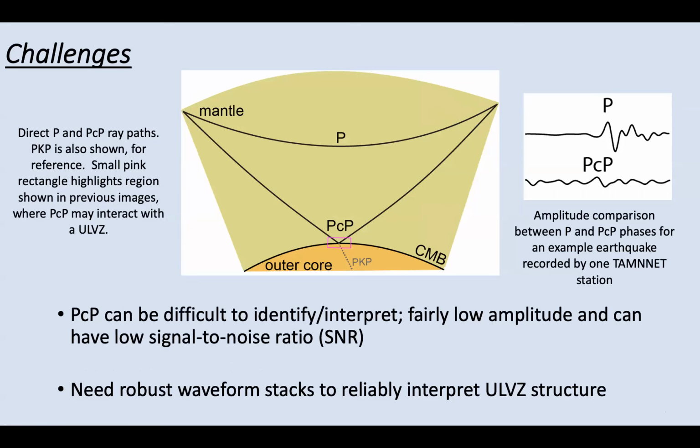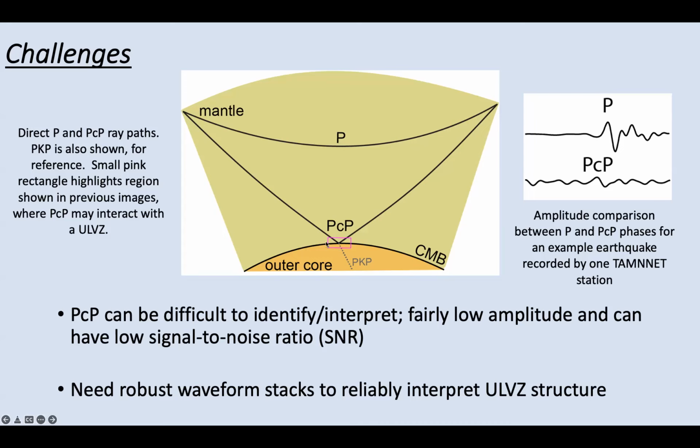As you might imagine, there are a few challenges with doing this type of work. Just to orient everyone here, the cartoon in the middle illustrates the ray paths between an earthquake and some receiver for both the direct P wave going straight from source to receiver, and of course our PcP wave reflecting or bouncing off the core-mantle boundary.